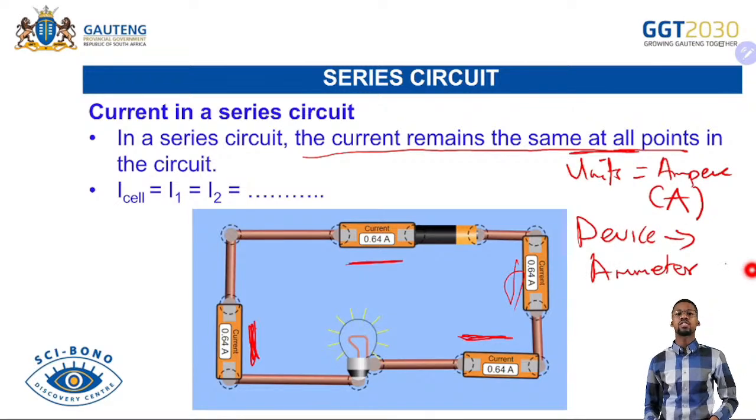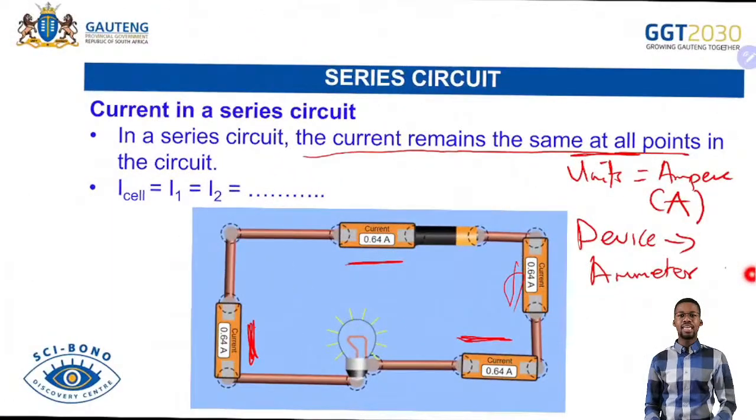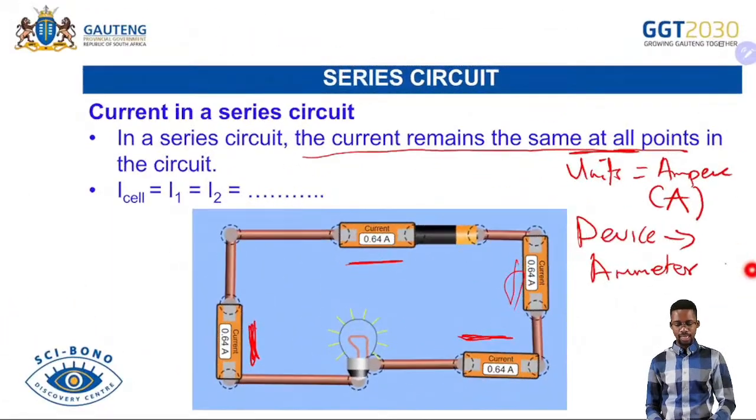So don't be shocked in the exam when they say determine the ammeter reading, and you think, I was not taught this. No, the ammeter reading is the current. So what's important is that in series, current is the same.